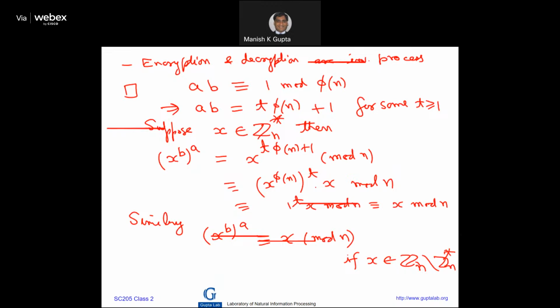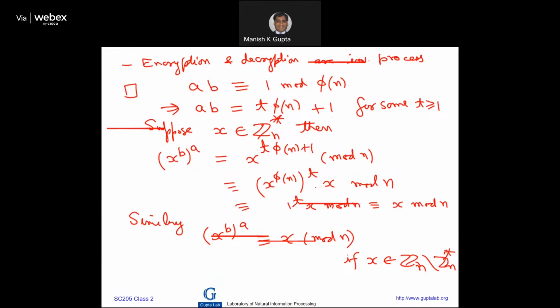It turns out to be x raised to power t times phi of n plus 1 mod n, which is nothing but x raised to power phi n, raised to power t, times x. One factor I can take outside because there is x. This whole thing is the same, modulo n. But we know that x raised to power phi n is what?